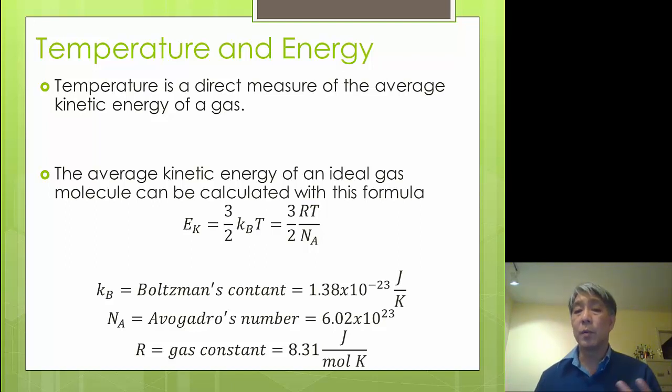Normally my temperature is about 300 Kelvin, and so the average kinetic energy of a single gas molecule is given by 3/2 k sub B times T. Or in another format, it's also 3/2 R, the ideal gas constant of 8.31 joules per mole Kelvin, times temperature divided by Avogadro's number, 6.02 times 10 to the 23rd. So those two formulas are the same. Use either one, that's fine.